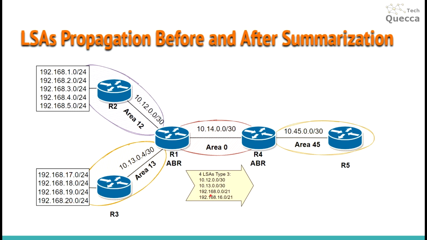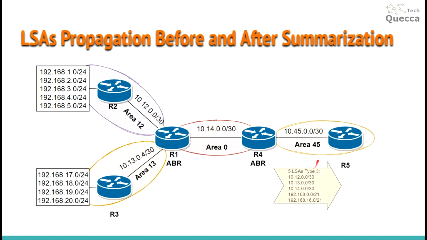So we decreased the number of LSAs by more than 2 times. And ABR R4 will flood 5 Type 3 LSAs: 2 for these networks, 1 for this subnet, and 2 for these summary subnets.